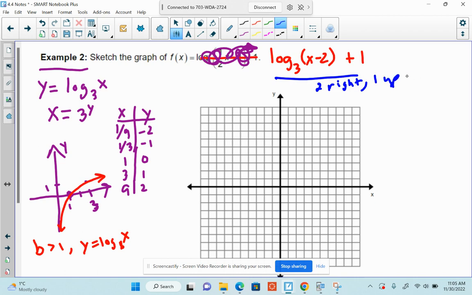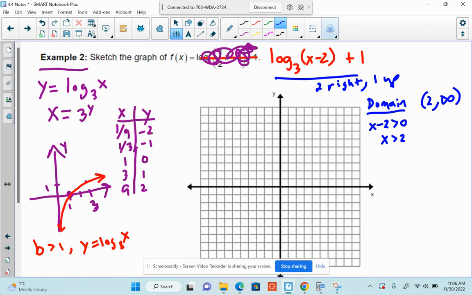Also notice that the domain of this function is all x values greater than 2, because that argument, x minus 2, has to be greater than 0. So we have all real numbers greater than 2 as our domain, which means we will have a vertical asymptote at x equals 2, and that's the shift to the right by 2.